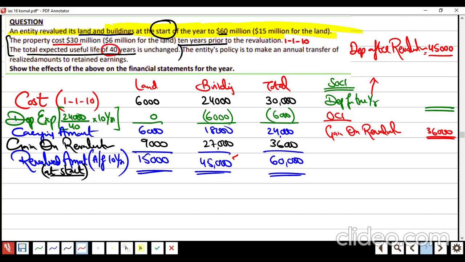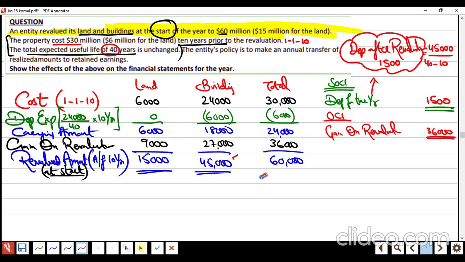40 years. Is that 40 years at the time of revaluation, or at the time of purchase? At the time of purchase. So here it will be 30. So we need the remaining life, which is here 30. So what is the depreciation after revaluation? 1,500.